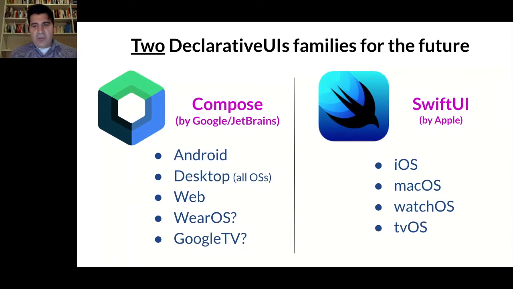And the web, hopefully, we don't know when, but probably next year, in one year's time, I think we're going to have a good version that we can work with. And then we can expect Wear OS and Google TV as well. And in SwiftUI, you are already now able to use seamlessly the same SwiftUI components in all Apple devices and frameworks, the operating systems, which are iOS, macOS, watchOS, and tvOS.